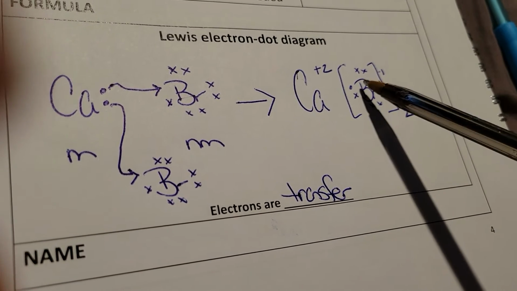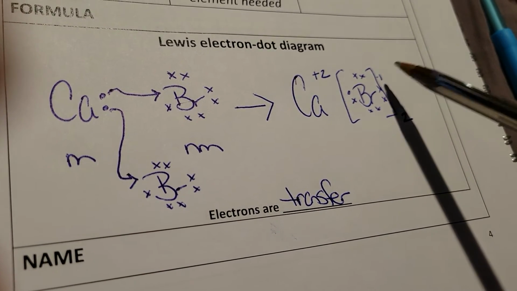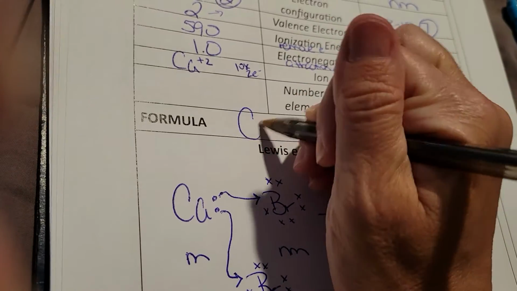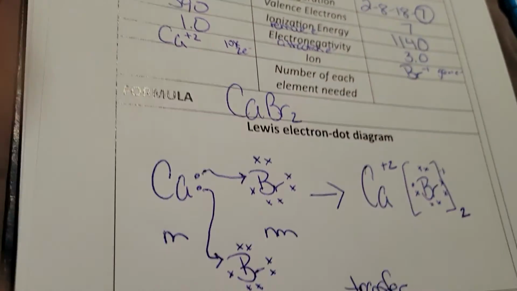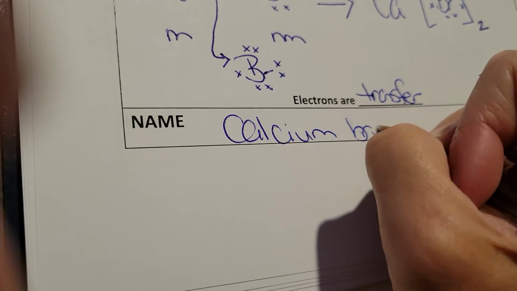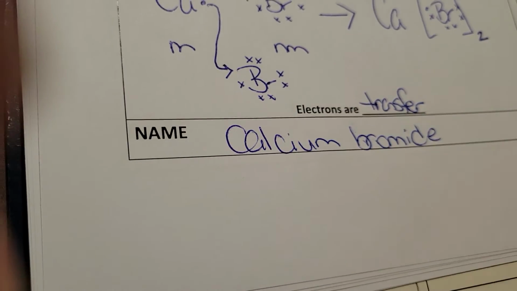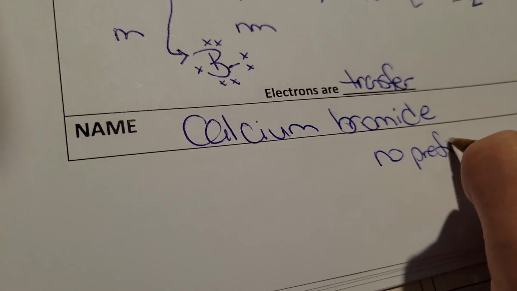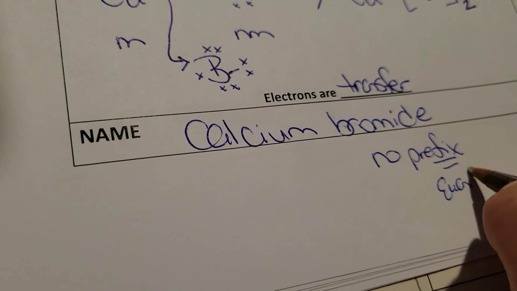So here's the bromine, we write the charge for it, and then there's 2 of them. So the formula then is CaBr2, and our name is calcium bromide. Again, we don't say calcium dibromide, no prefixes or any kind of quantity.